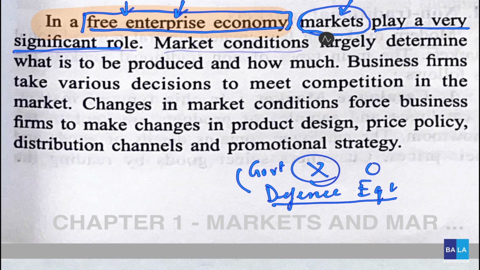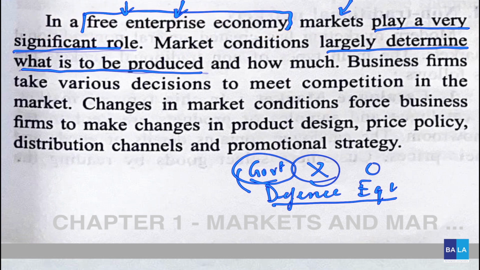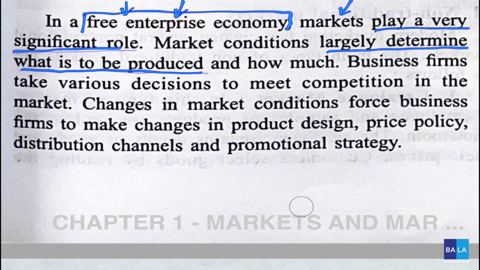Market conditions largely determine what is to be produced. Just now I had told, in China, government is deciding what is to be produced. But here, market conditions would determine. In India, Diwali is celebrated, and we know Diwali is the time when consumers will purchase.